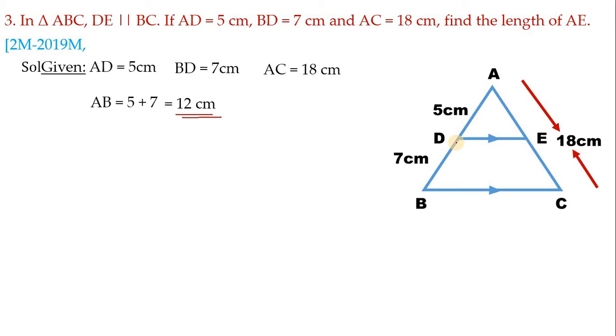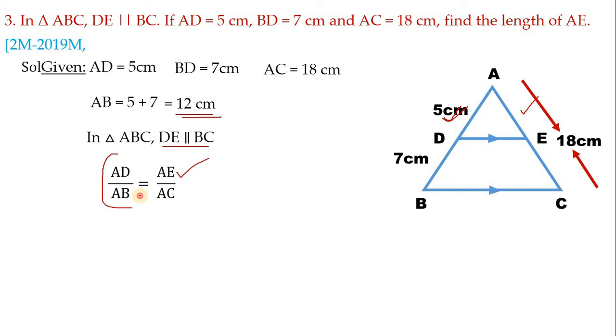Now, see, the corollary of BPT, we can write like this: AD divided by AB, and here, AE by AC. I repeat again. See, in triangle ABC, DE is parallel to BC. So AD by AB. Now look at the figure and observe. AD is this, and AB is this full. And AE is this, and AC is this full.